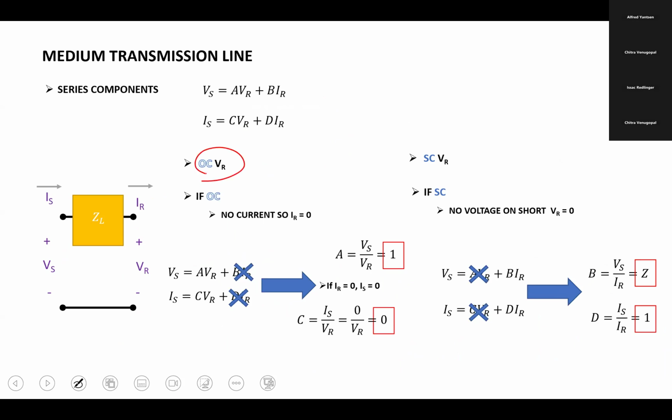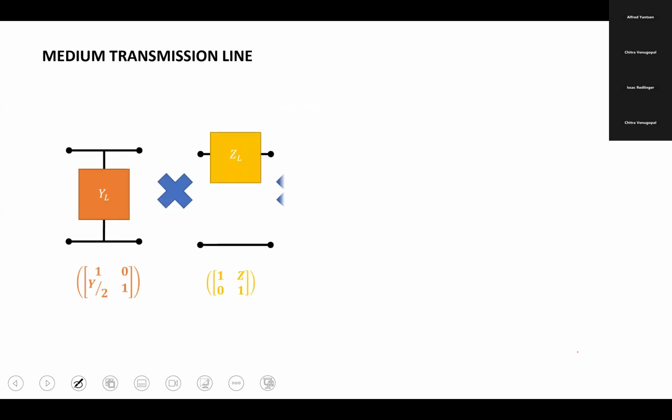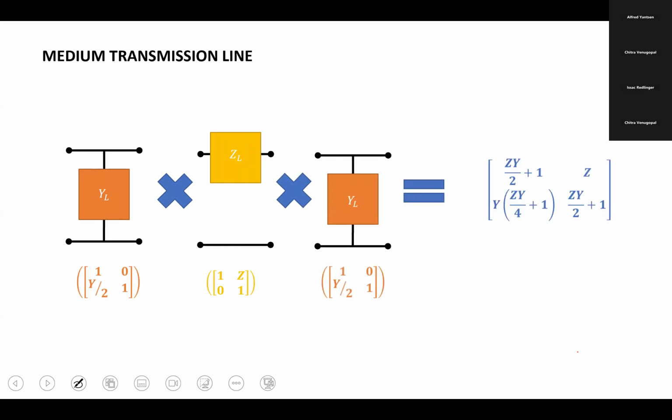Open circuit, IR equal to 0. Calculate A and C. And short circuit, VR equal to 0. Calculate B and D. And then the third section is the same, like how you did it. Now put all the 3 sections together. You can get the whole ABCD parameter matrix.